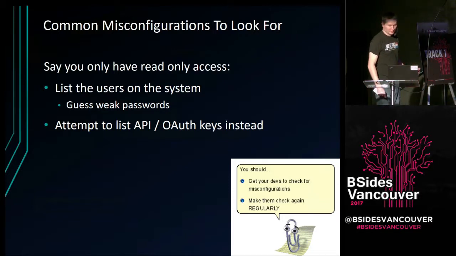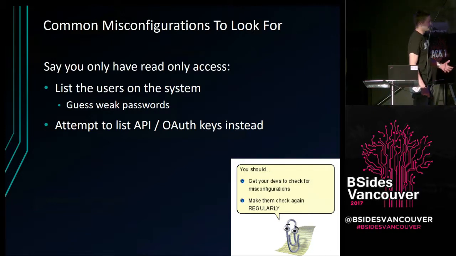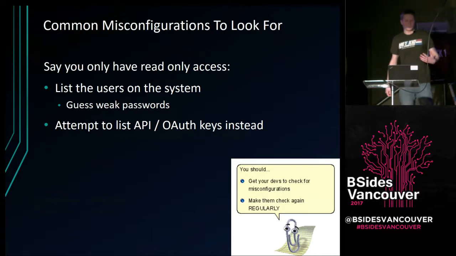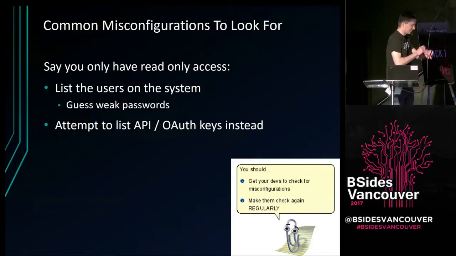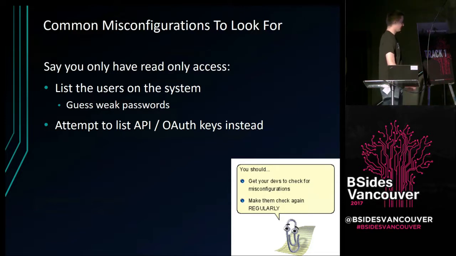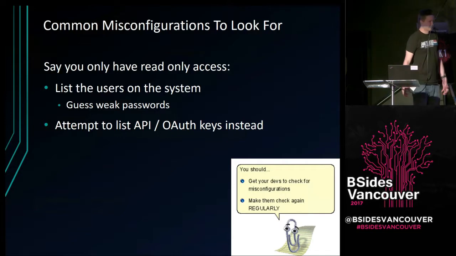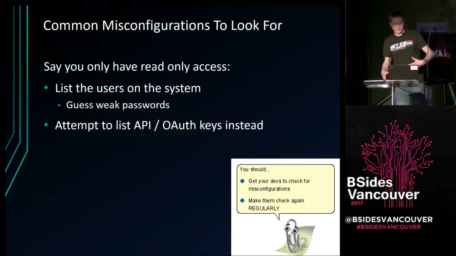So the Clippy notes on this is you need to tell your developers, hey, there's all these misconfigurations. Saw some guy at B-Sides, he says they're never configured right. But further to that, you need to get your developers to check regularly. CI systems don't generally start off super vulnerable, except those default configs, but they get more vulnerable over time.